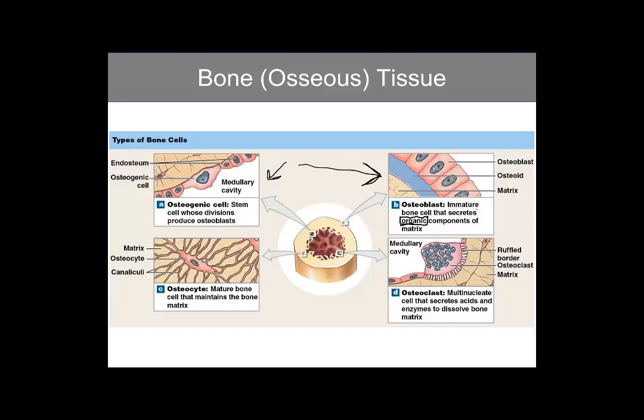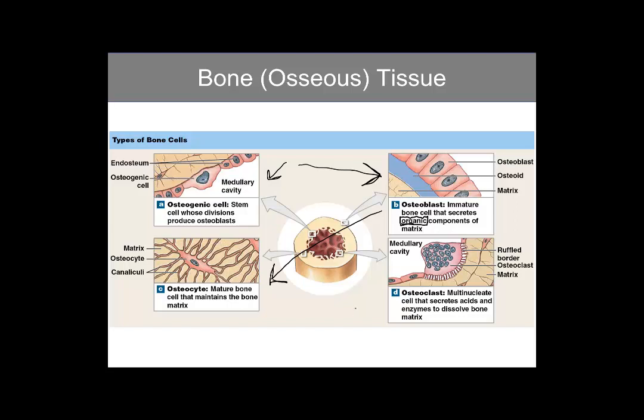Once that collagen is secreted within the matrix, osteoblasts will differentiate into osteocytes. And it's the role of the osteocyte to not only calcify that bone, to add the calcium salts to the matrix, but also to maintain the bone matrix over time. So there's 3 of those cell lineages.